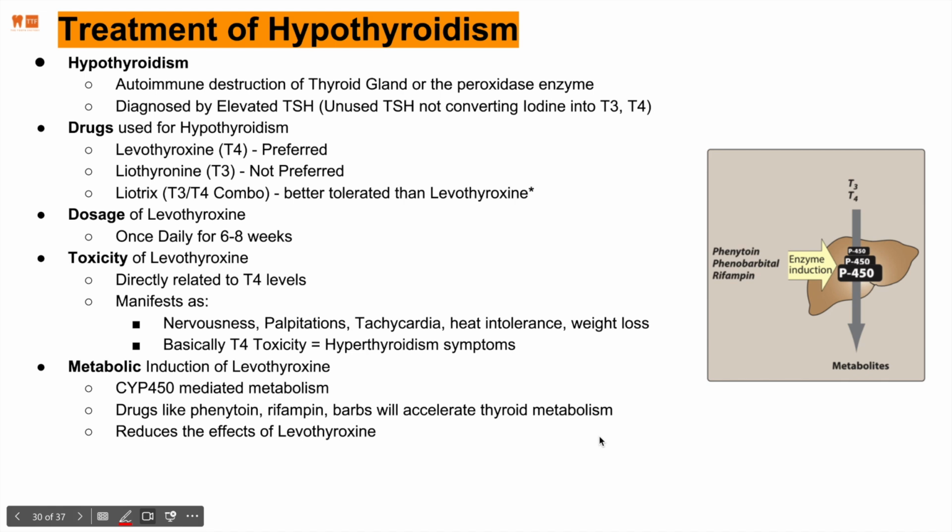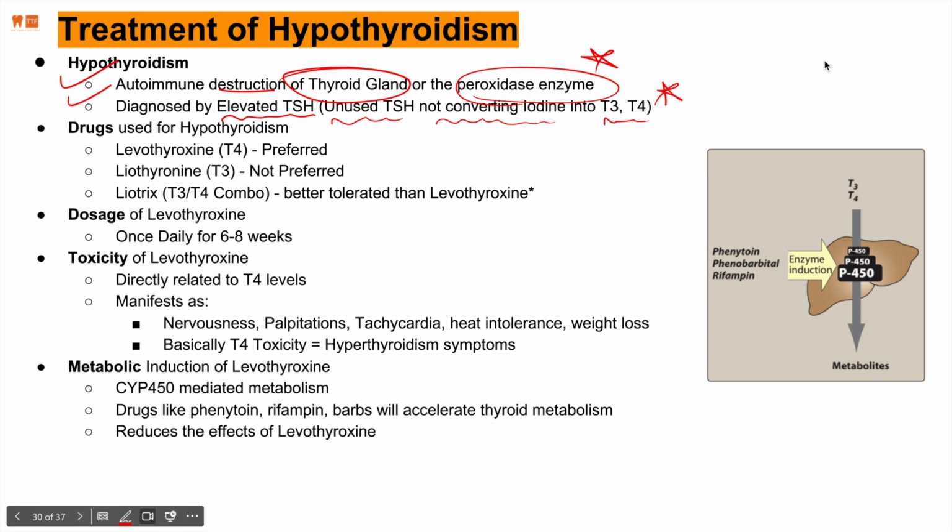Now we're moving into the diseases. Hypothyroidism, what is it? It is autoimmune destruction of the thyroid gland or the peroxidase enzyme itself. It is diagnosed by elevated TSH levels. Unused TSH, not converting iodine into T3, T4.